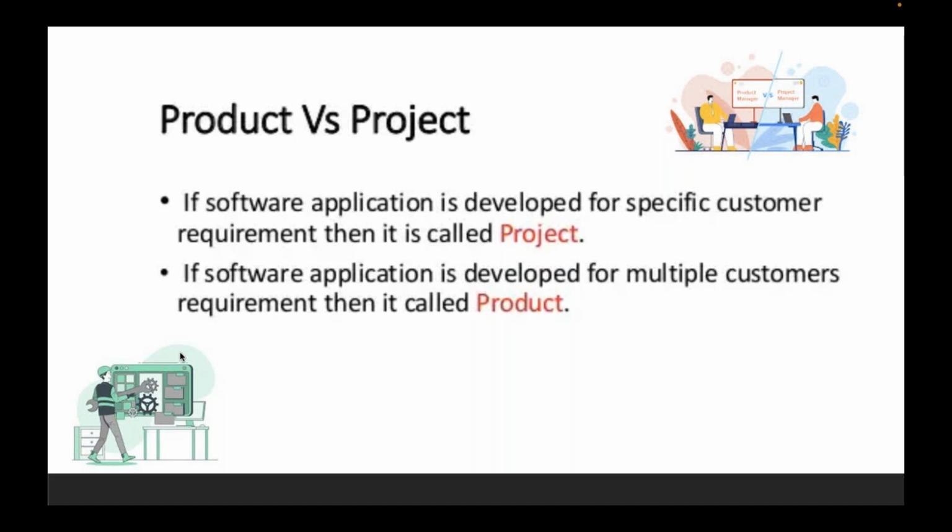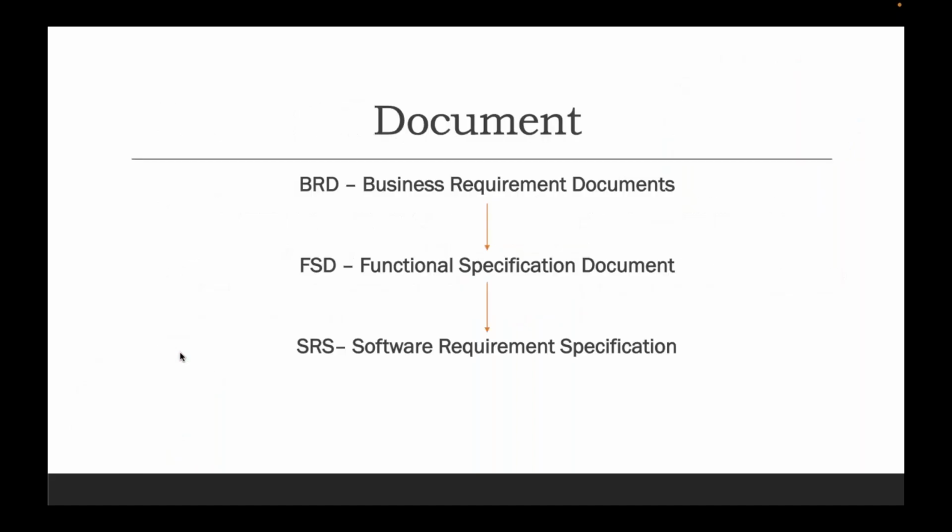We never told them we want Amazon to be like this, but it was a single owner's requirement. So that's called a project. But when it comes to these laptops, it is for multiple customers' requirements. For example, Dell has its own company, and they are preparing it for multiple customers. It is not concentrating on one single customer. So if you're concentrating on multiple customers, then it's called a product.